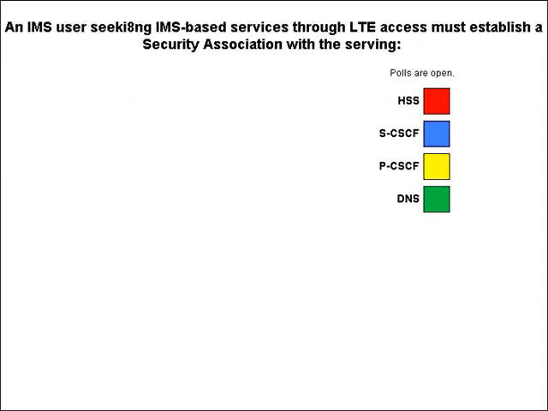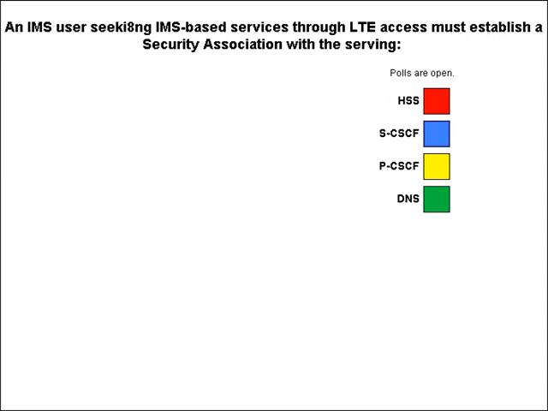Okay, now let me rephrase the question. Let me modify this. Not must, may. Replace must by may. So, an IMS user may establish a security association with what? Security association.